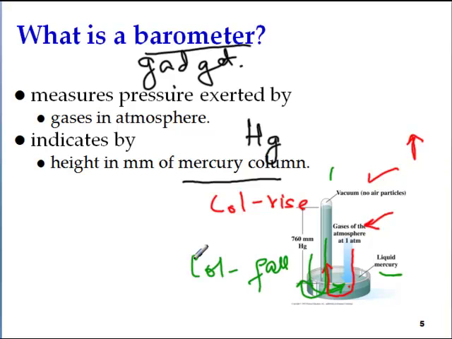Now this is what I was talking about in the previous slide with the weather person. So on days when there are clouds outside, the barometric pressure starts falling. On the other hand, when we have a clear day, the column usually rises.